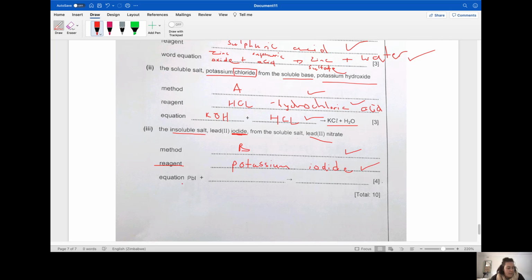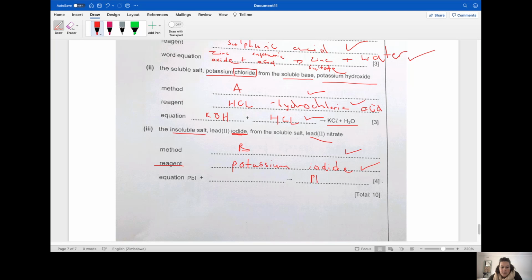Your equation, hold on, I just need to check what happened to your equation. I've forgotten. Unfortunately, your equation was written down wrong for you there. It doesn't make sense. So all you got a mark for here was writing lead 2 nitrate.